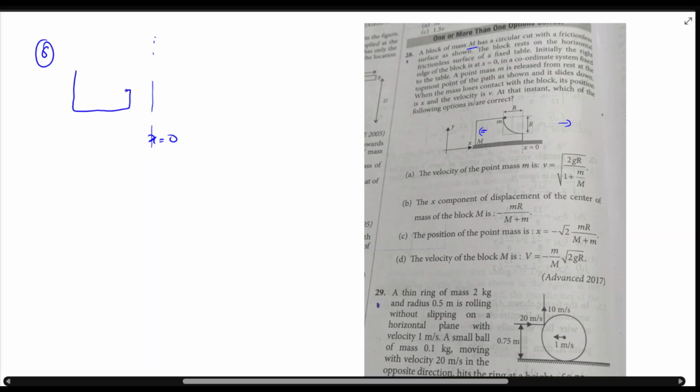This part should move like this, and the particle should be here. And in the question, this is the x; maybe we have to find this x. Okay, let's see. First let's find the velocity of the point mass m.